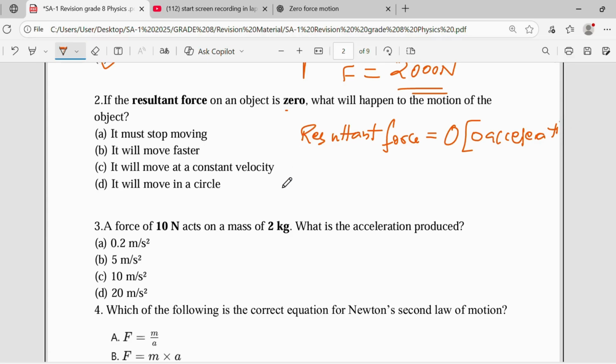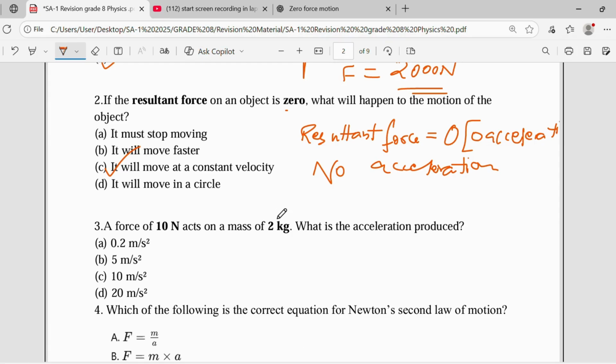That means no acceleration. No acceleration means that the object will move at the same speed. So the right option here is that it will move at constant velocity.